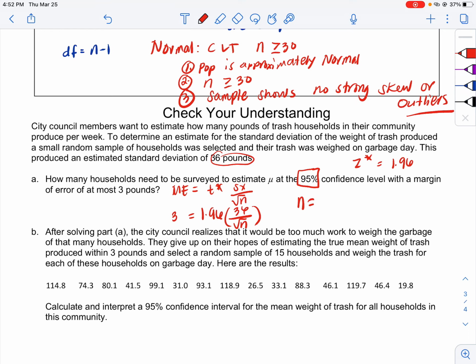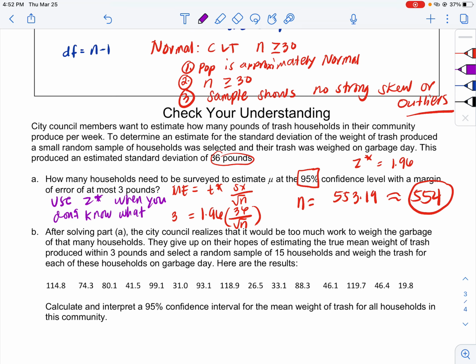So my n is equal to 553.19. And of course, we are going to round that up because we're talking about people. Now I'm going to make a note in here. Use Z star when you don't know what T star to use. Okay?